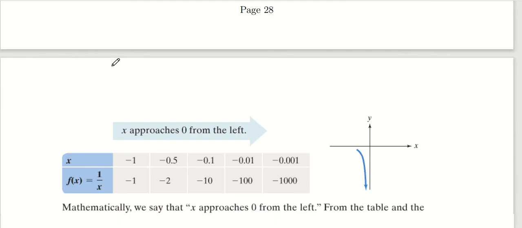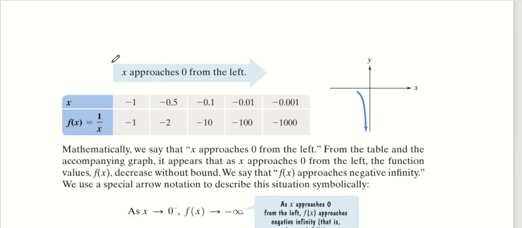Then, if we look at the graph of it, let's try to figure out what's happening near that disallowed value 0. Remember, we're not allowed to plug 0 into the function, but we can plug in anything else that's different from 0. In this table, we've created a sequence of values coming in from the left-hand side.